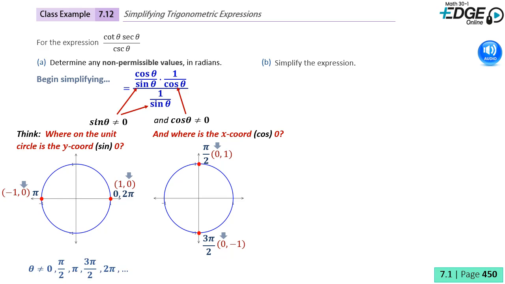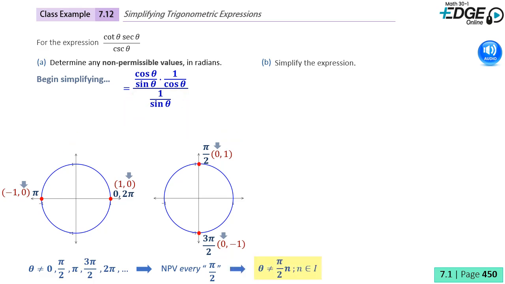When we consider these two cases together, we see that at 0, 1/2 of pi, pi, 3/2 of pi, 2 pi, basically every quarter rotation we have a restriction, a non-permissible value. So we will say that x cannot be every multiple of pi over 2. We note here that n represents an integer number because it must be a whole number, either positive or negative.